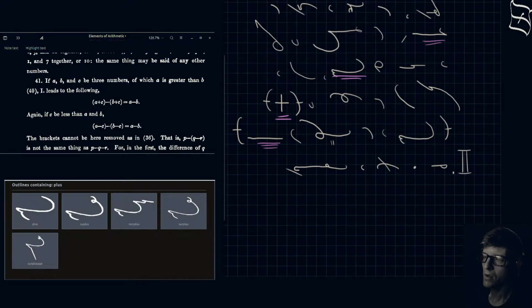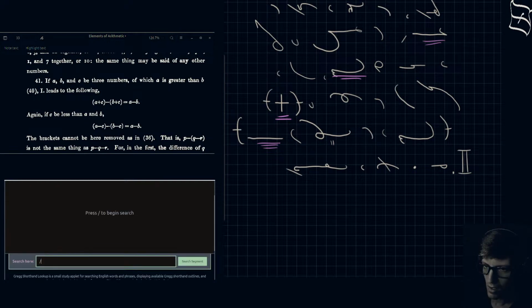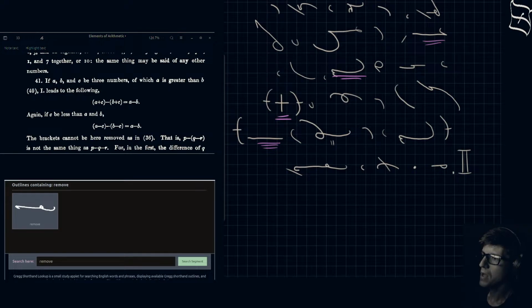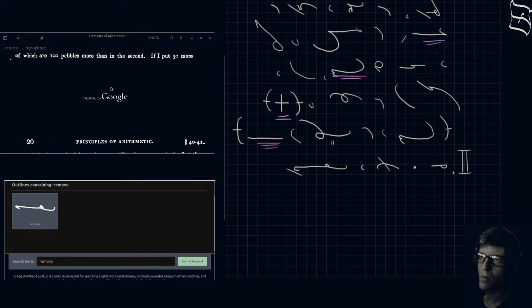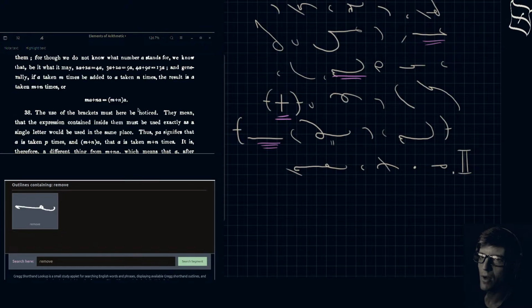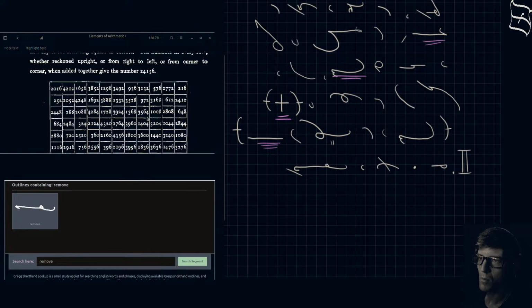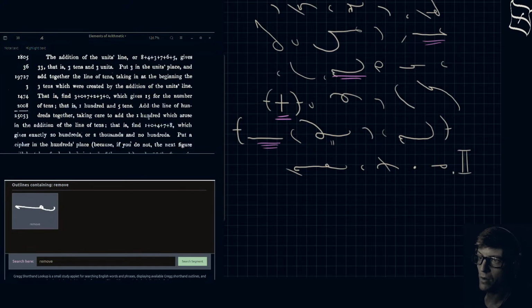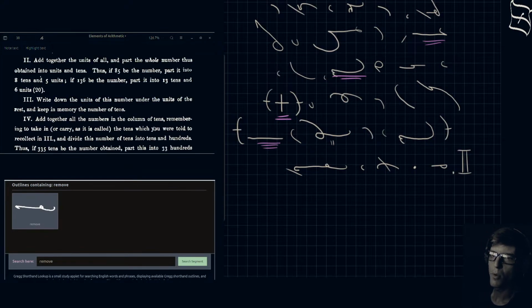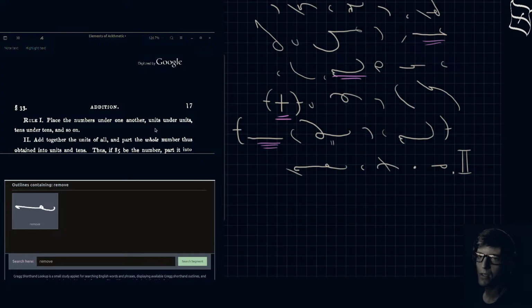Let's go back down to, not our note, we need our dictionary. There we go. So when one quantity is removed, I've got to go back up to where I was. Wow, he goes full bore early. That's really neat.